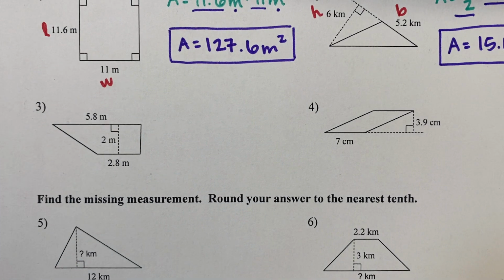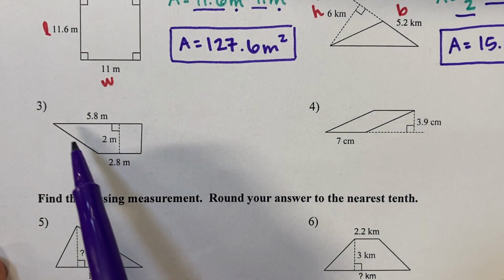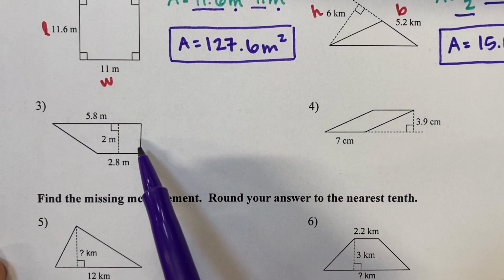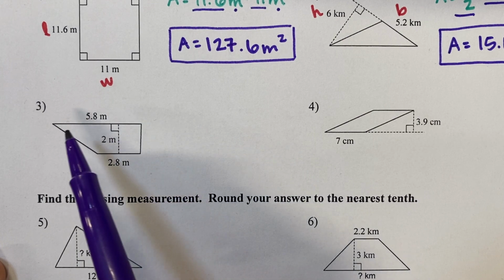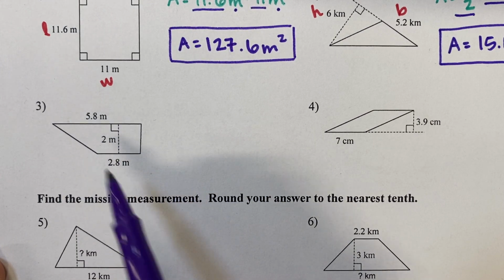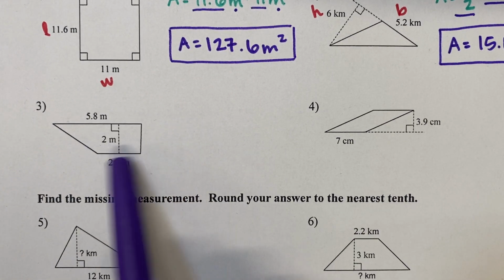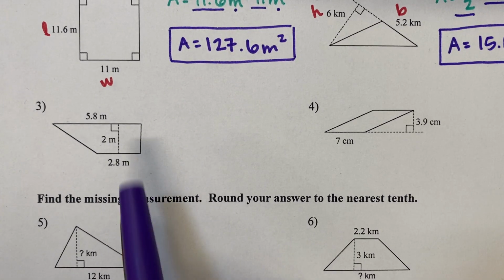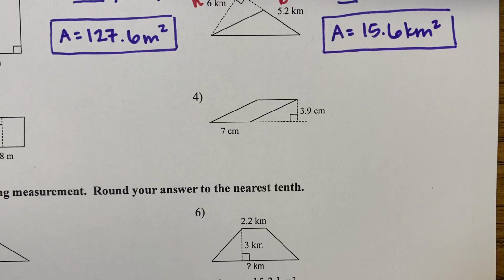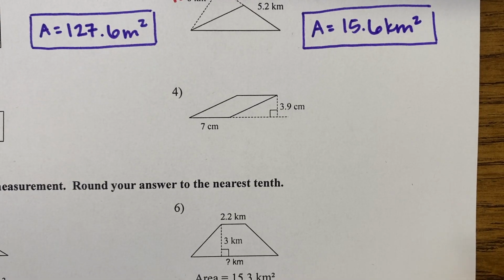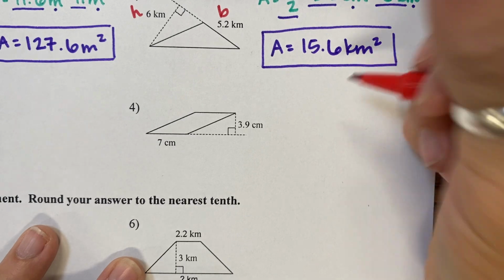Okay, number 3. What shape are we dealing with in number 3? It's a 4-sided shape with 2 right angles, some uneven sides. What shape is this? Okay, this is our trapezoid formula. So I'm going to go ahead and over here write our area for a trapezoid.